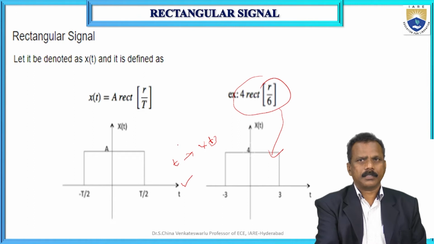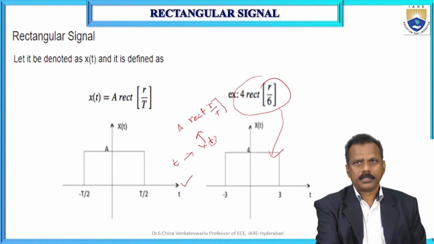So x of t is defined as A into rect of t by capital T. With reference to this, you can verify graphically, where the A value is also assigned here.